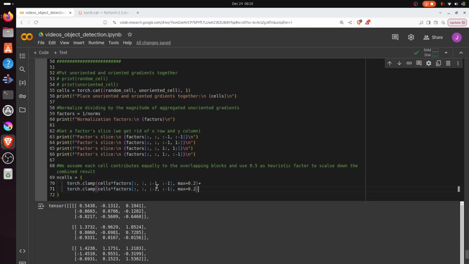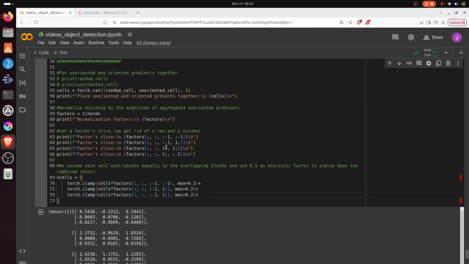Now what we do is get rid of the last row and the first column. And same story here. Now we get rid of the first row and the first column. Fantastic.